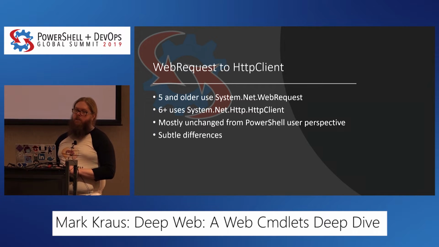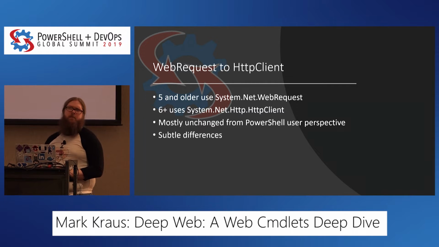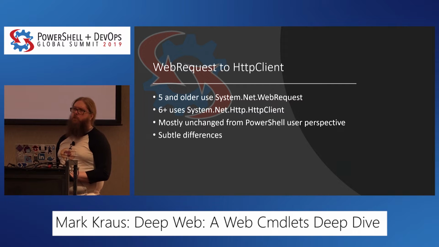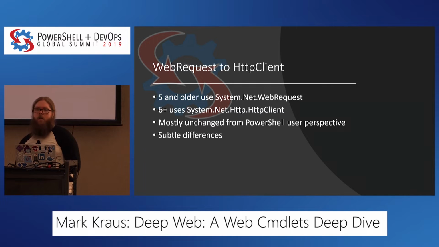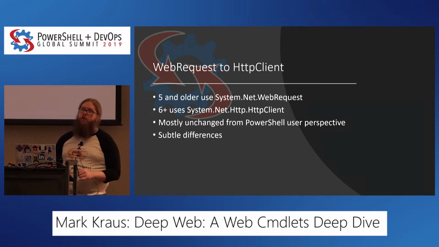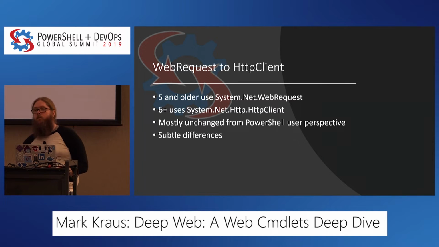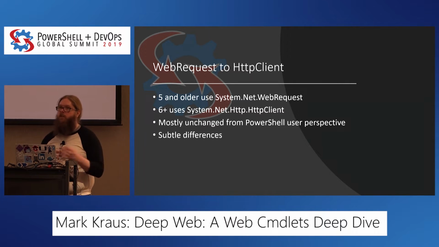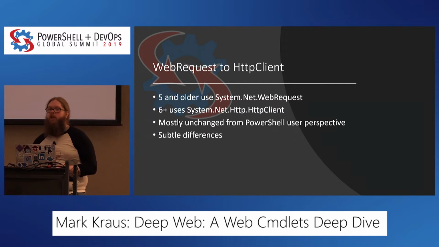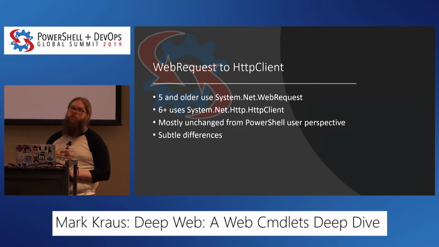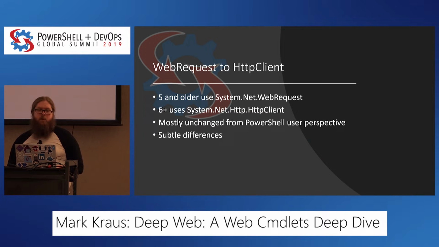And it's a little less clunky. The web request API was added, I think, in like .NET 2. Don't quote me on that. But it's older, and that was before we really knew what we were doing with REST APIs in the world. Now everything runs on REST. So it's like, oh, well, we should definitely have an API in .NET that's more focused on just HTTP and not all the weird stuff that web request also supported.